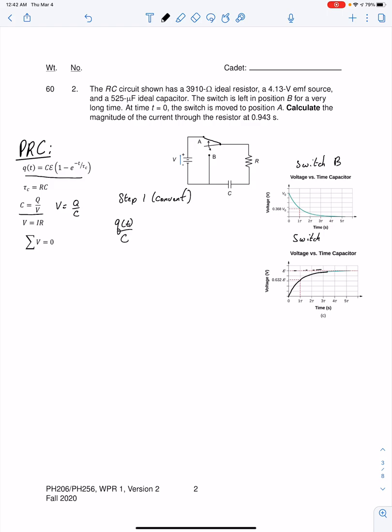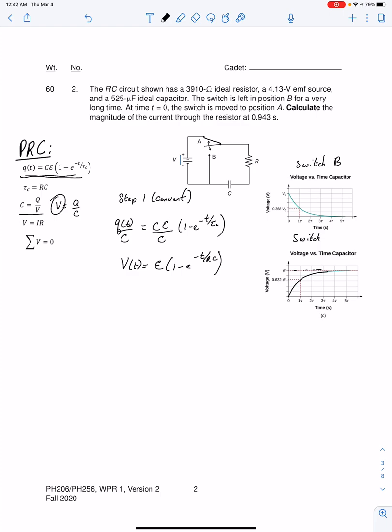If I divide this equation by C, I in turn change the equation to reflect voltage instead of charge. So voltage over time is equal to EMF times 1 minus e to the negative t over RC.